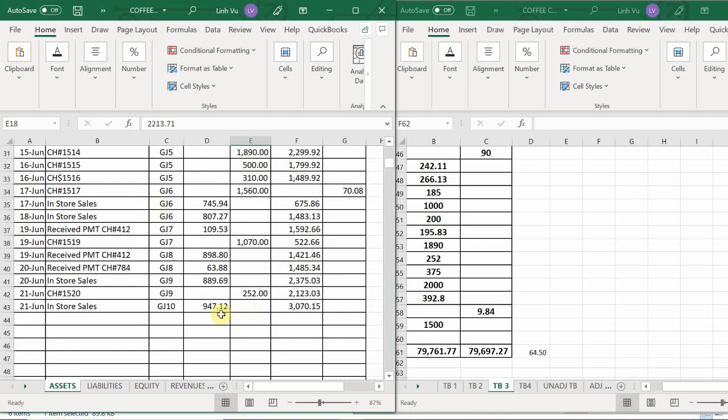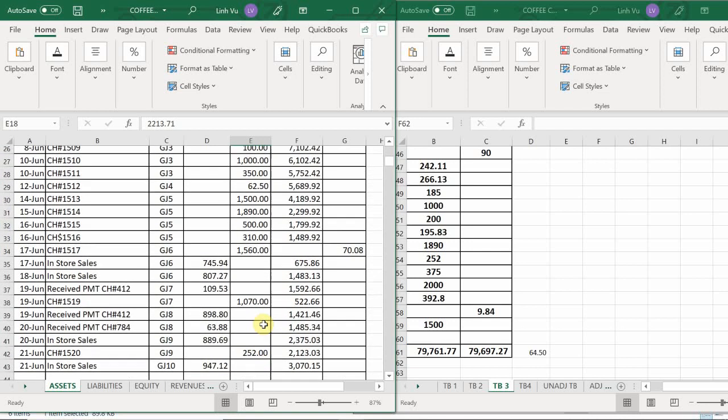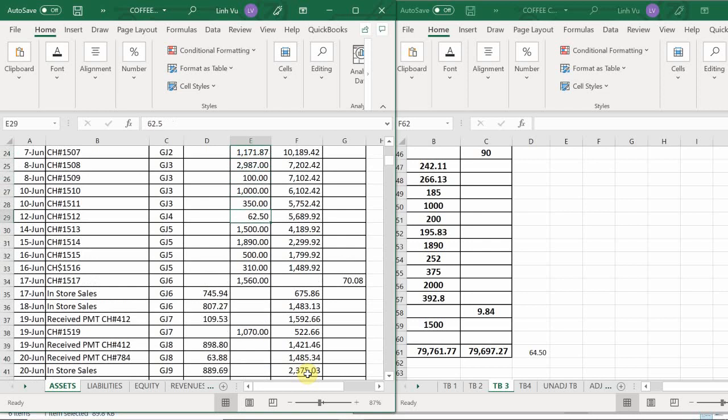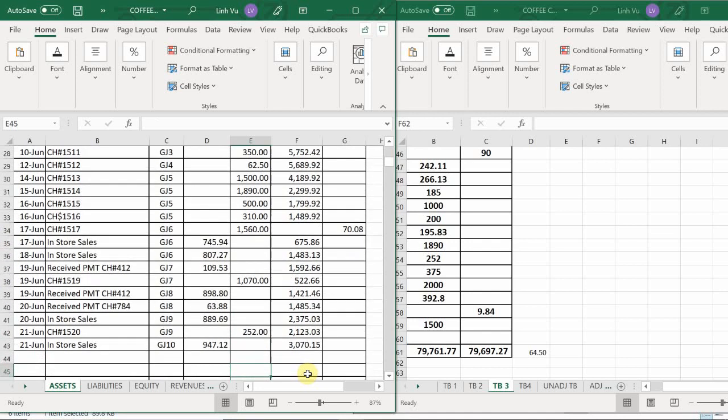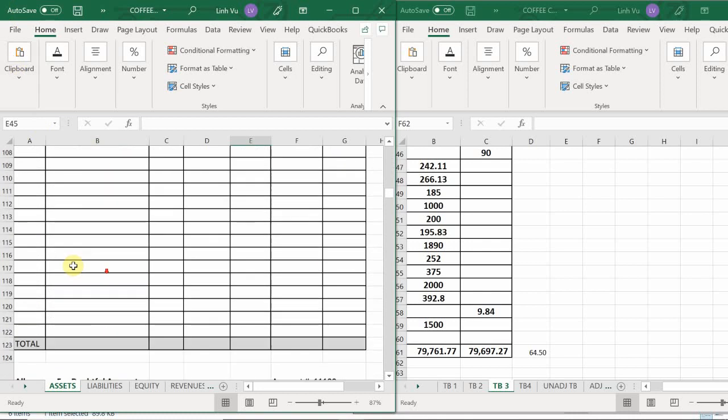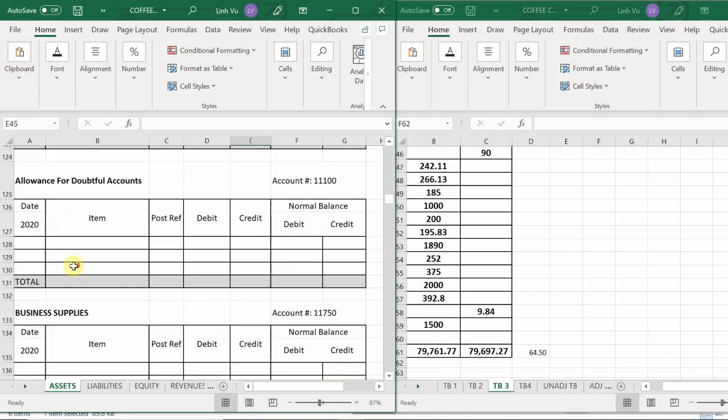Did we write a check out for 64.50? 63.88. Here's my first one, 62, but where's my 64? Okay, let's check my regular or my supreme coffee.